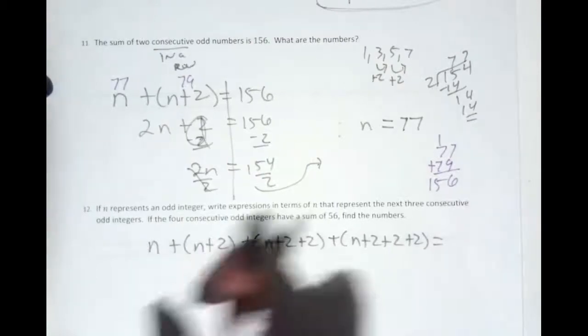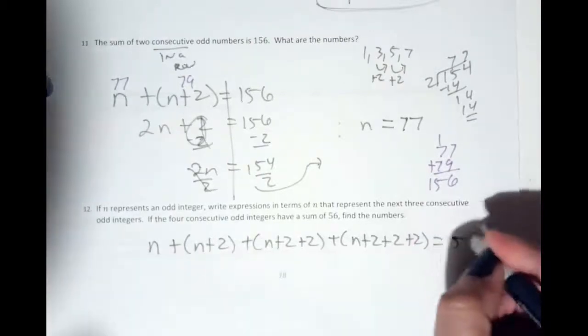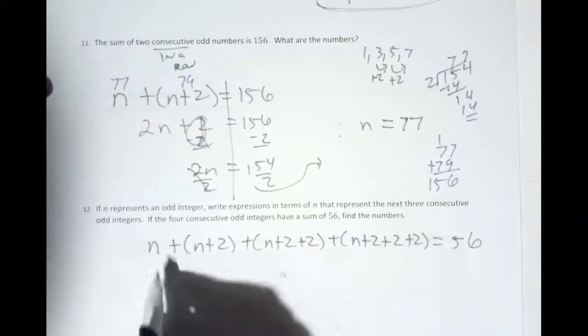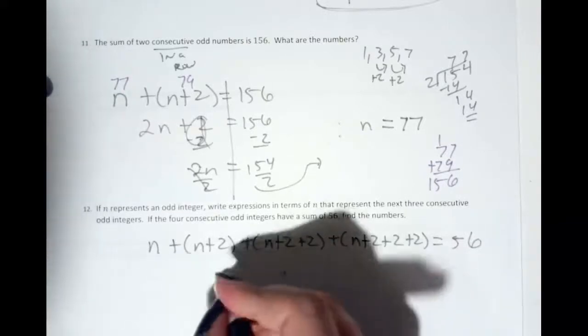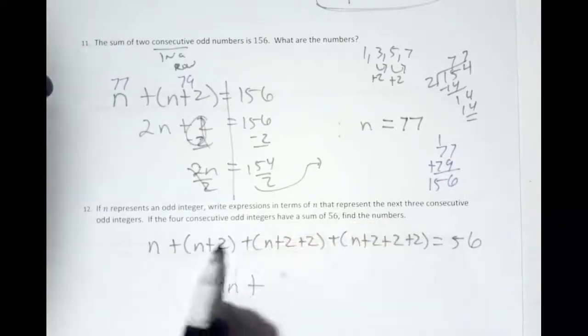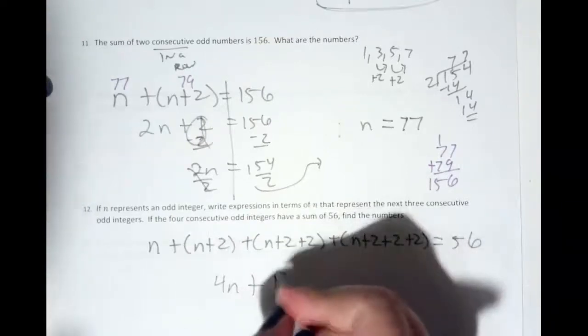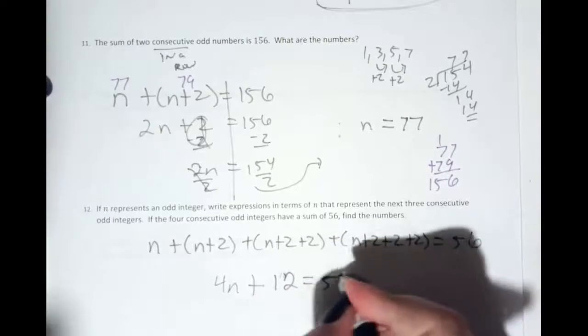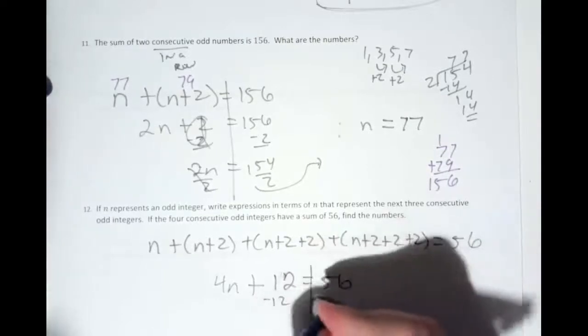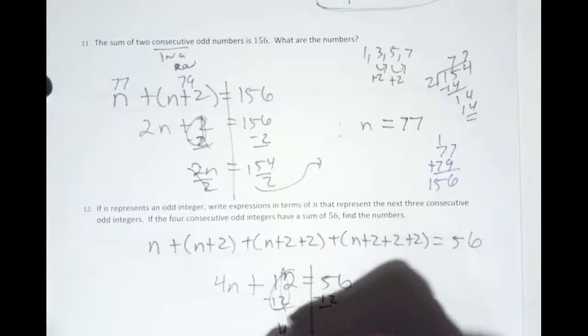So a number and the next 3 consecutive odds have a sum of 56. 1, 2, 3, 4 n's plus 2, 4, 6, 8, 10, 12. And just solve this by working through our steps.